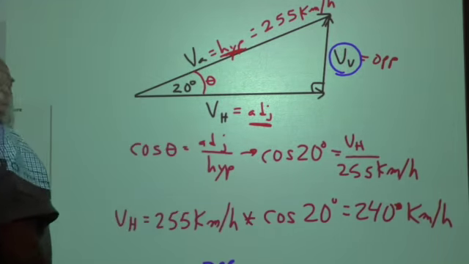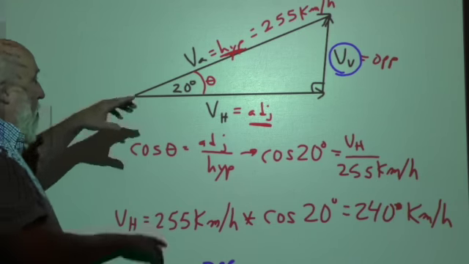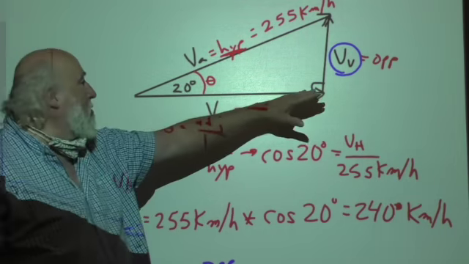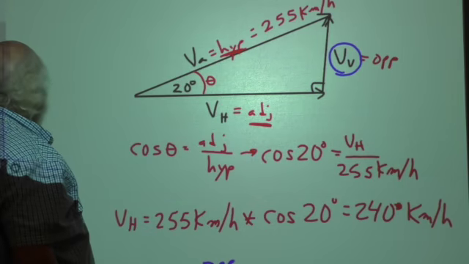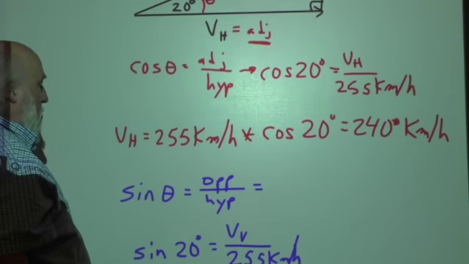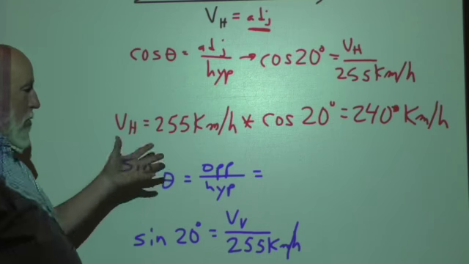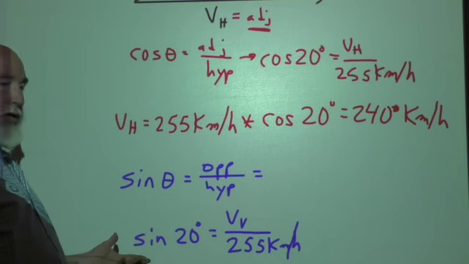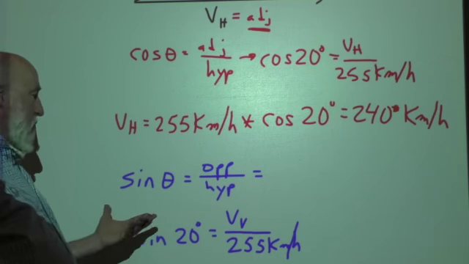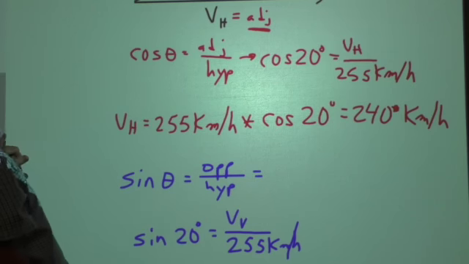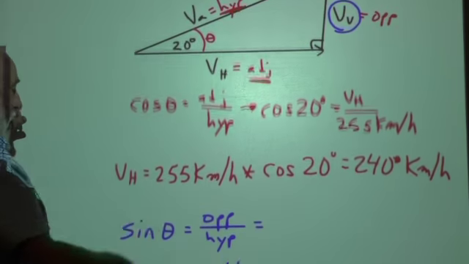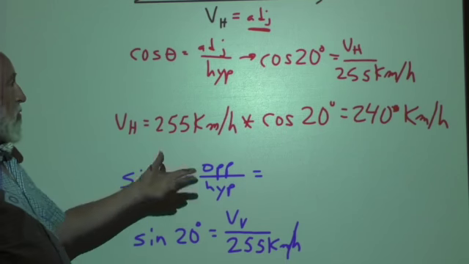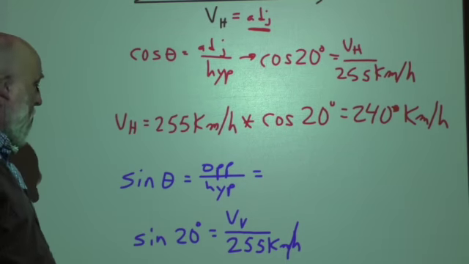So we're going to find this value using the opposite over the hypotenuse, which is the sine. And so the equation we're going to use here is that the sine of 20 degrees is equal to the opposite, which we said is the vertical velocity, over the hypotenuse, which we have established is 255 kilometers per hour.